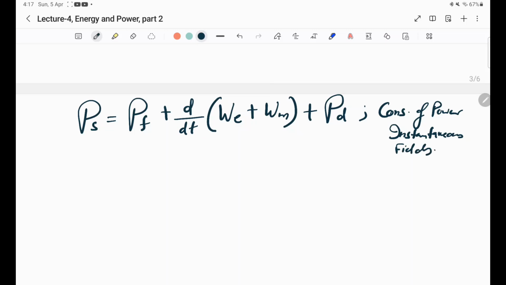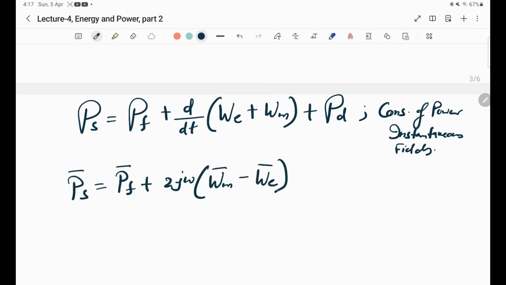And in this lecture we have derived the conservation of power equation as Ps bar is equals to Pf bar plus 2j omega Wm bar minus We bar plus Pd bar, and this we call the conservation of complex power equation.